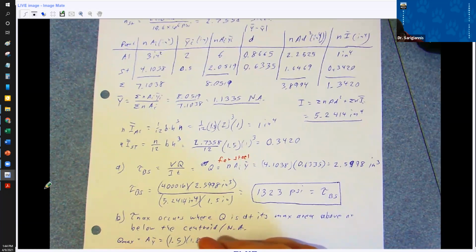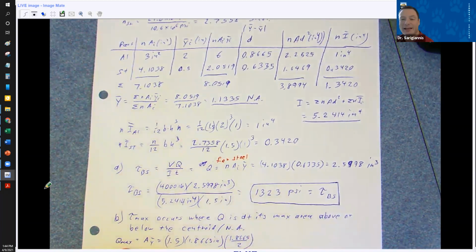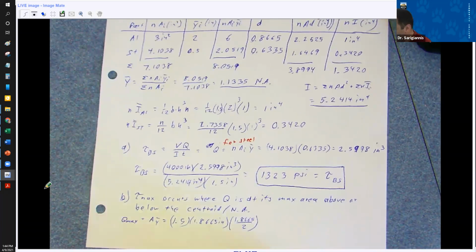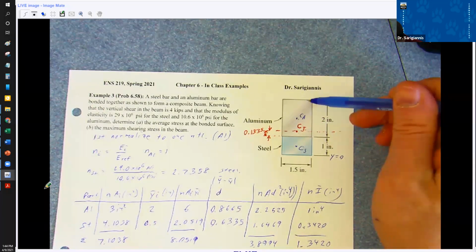So I'm just taking the top portion, where the 1.8665 inches comes from. Right? And then the y bar is 1.8665 divided by 2. Right? That's that distance. This is this distance here, right? This distance is 1.8665. Right?